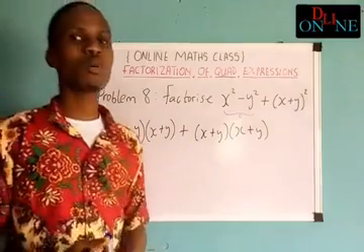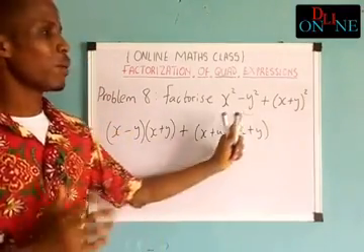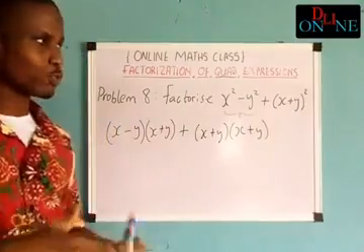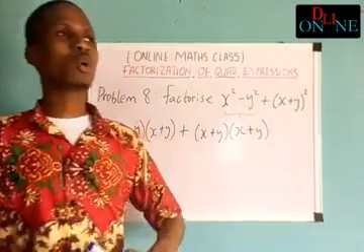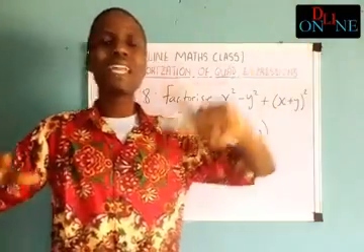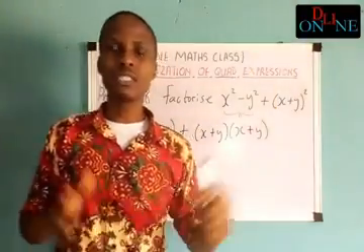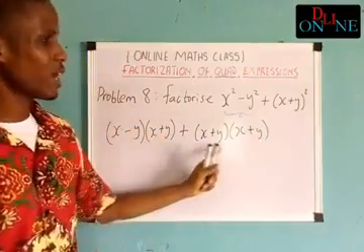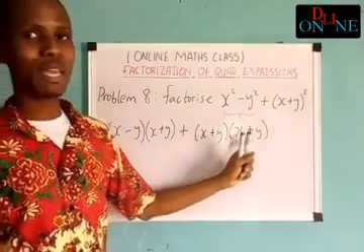Now, take note. In the previous example we saw, when we said simplify, and we had an expression like a plus b all squared, it led us to a quadratic expression. We're wondering, is that a simplified answer? The simplified answer will actually stop at a plus b multiplied by a plus b, just like we have this x plus y multiplied by x plus y.